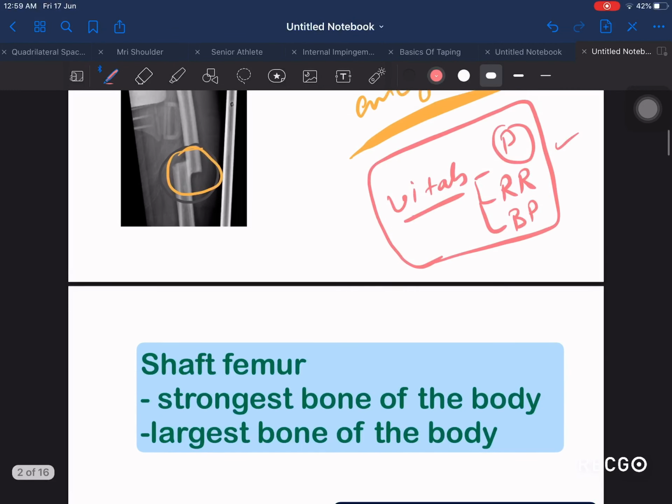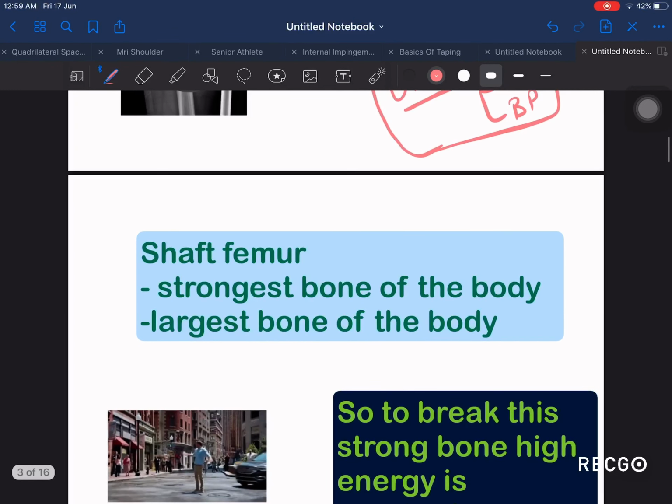Now, as we know, the femur is the strongest bone of the body and it is the largest bone of the body. These are a few MCQs which have been asked in previous exams.